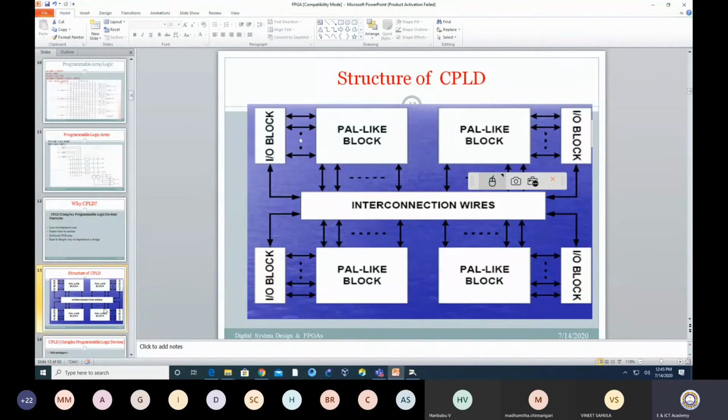It may happen that one particular PAL block has, let's say, 4 input support, but if your design needs more, then two PAL blocks have 4+4 and a third block, so as the inputs keep increasing, your PAL blocks can be more.